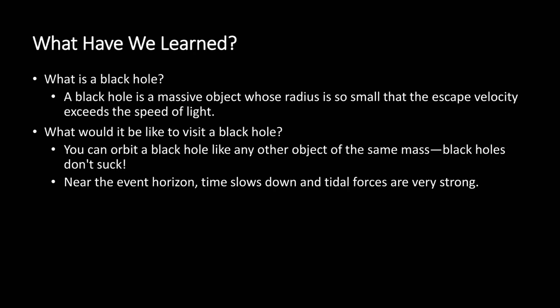They don't. So if you replaced the sun with a black hole, we would just orbit the sun as we normally do. So you can orbit a black hole just fine, and then as you get near the event horizon of a black hole, physics gets very weird with time dilation, gravitational redshifting, and very large tidal forces.